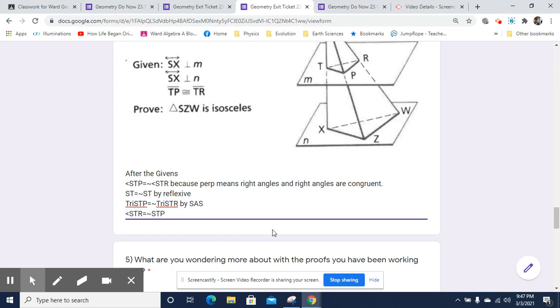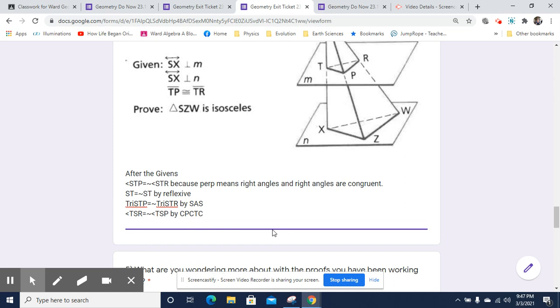TSP and TSR. Okay, so angle TSP and angle TSR are congruent by CPCTC. Now we can say SX is congruent to SX by reflexive.